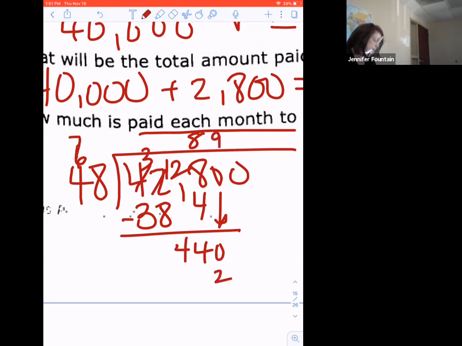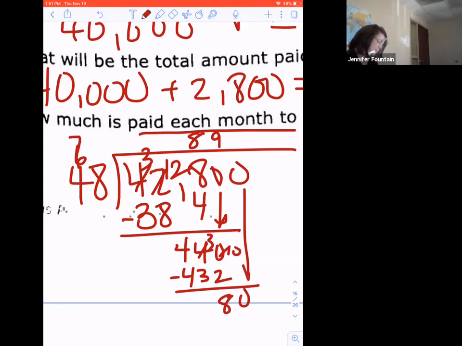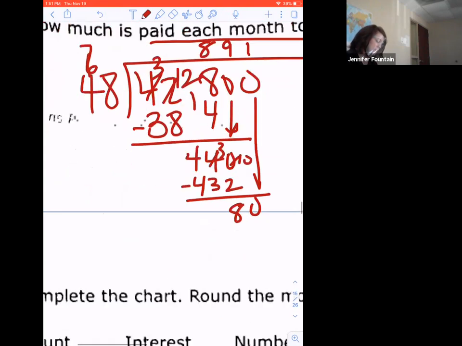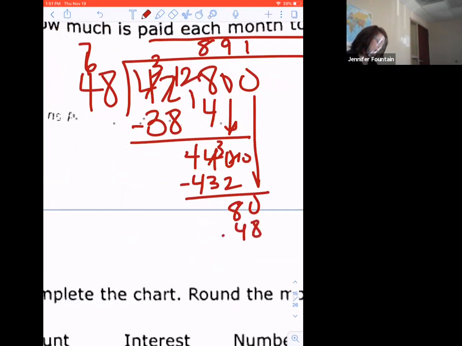Carry my 7. 43. And subtract. 10 minus 2 is 8. 3 minus 3 is nothing. Bring down my 0. 48 will go into 80 one time. 1 times 48 is 48. Subtract, that gives me 32.